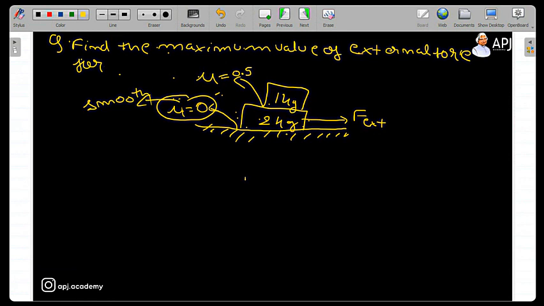Find the maximum value of external force for which both the blocks move together.